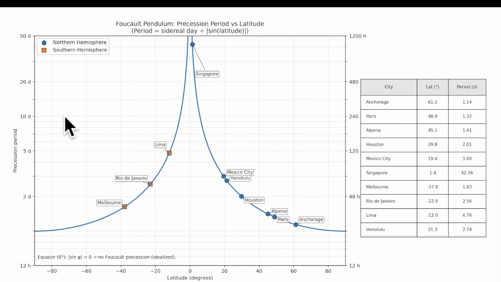If you look on the sides, you'll actually see the number of days for each complete rotation. And here's a nice table to help you see that. As you can see very clearly, reality matches the spherical rotating Earth, and the Foucault pendulums are actually being measured at the predicted rate.